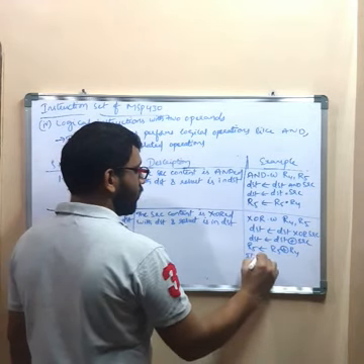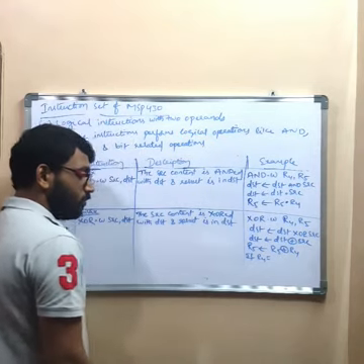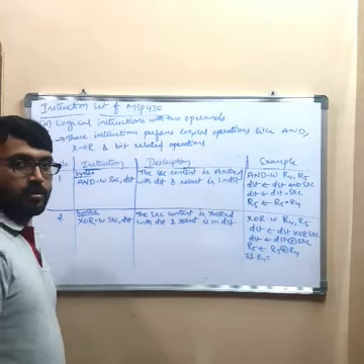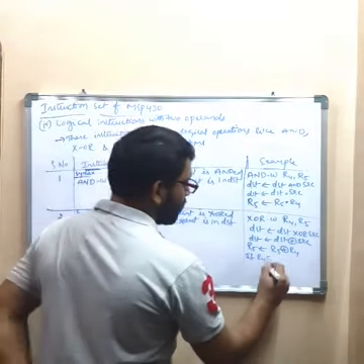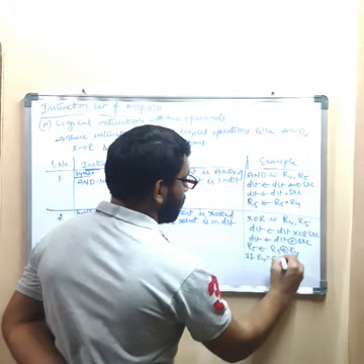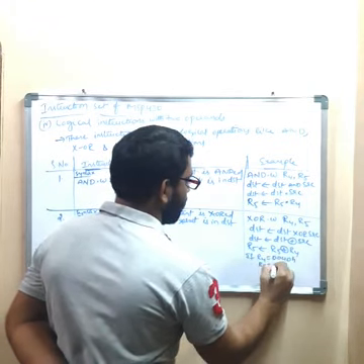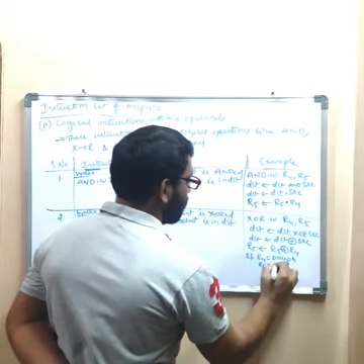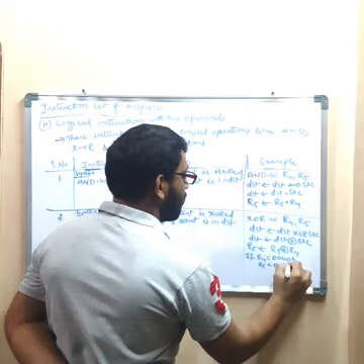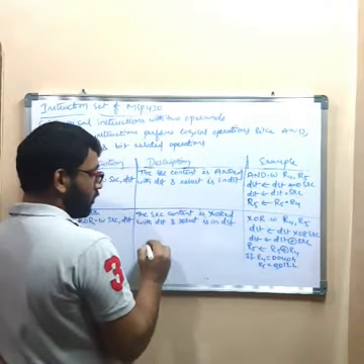If R4 is equal to 0040H, R5 is equal to 0012H, you can take the values and solve this.